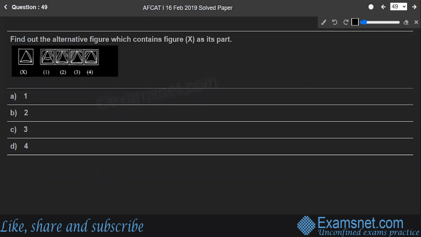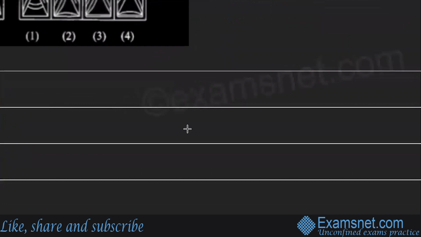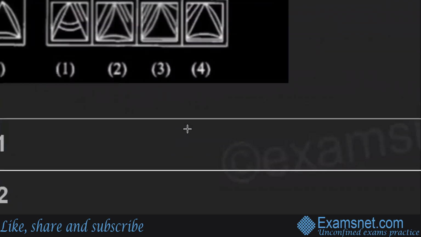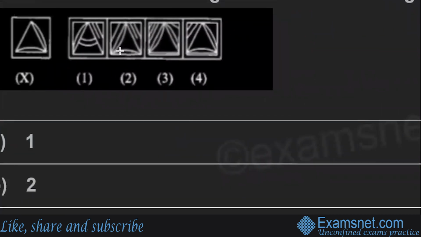You have to find out the alternative figure which contains X as its part. So let's look at the figure closely. Let's zoom it out. Okay, so let's look at the figure. This particular part is not available over here. This is wrong. There's a curved portion in this region which is not available here.